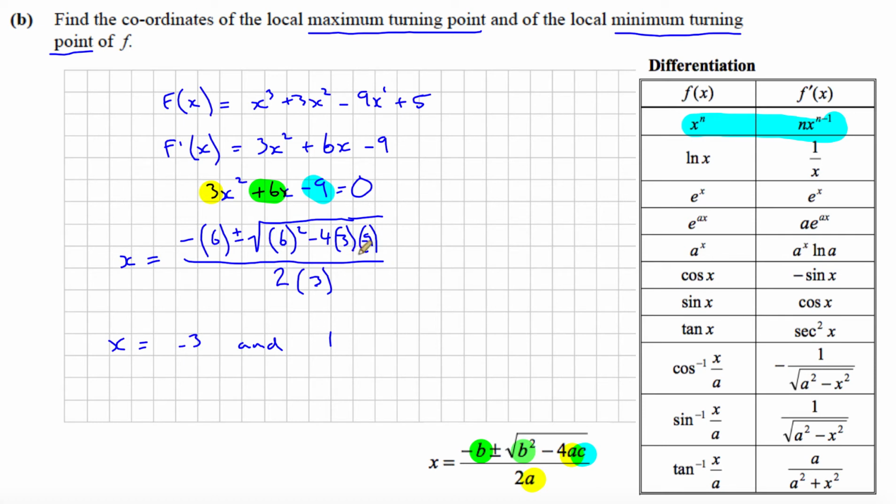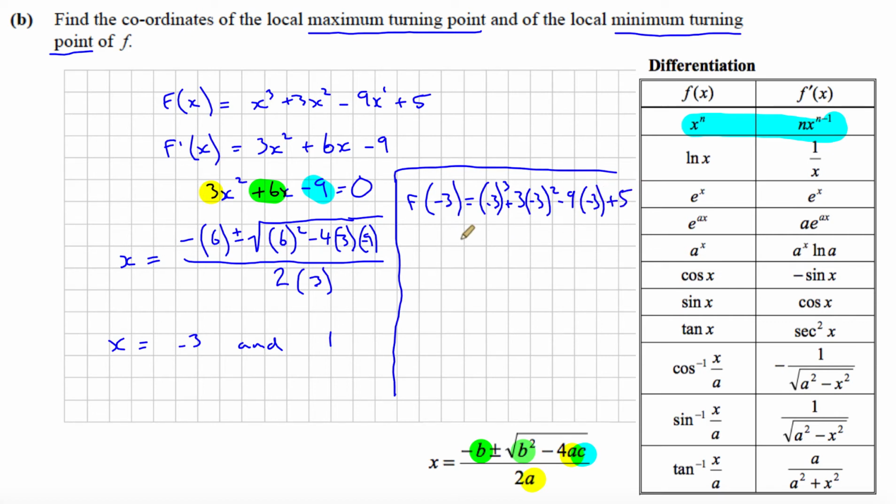So to find the y coordinates, we sub each of these individually back into the original function here. So we're going to do that now. So f of minus 3 into the original function will give me minus 3 cubed plus 3 by minus 3 squared minus 9 by minus 3 plus 5.